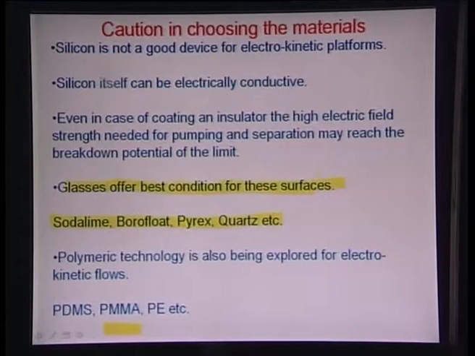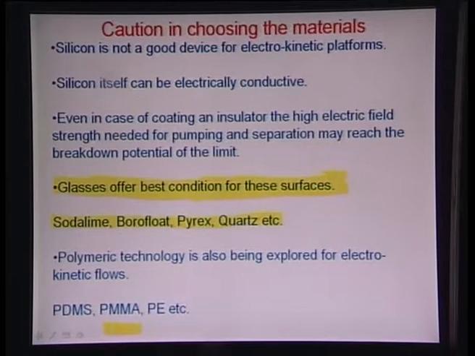On the other hand, glasses do offer a pretty good surface for exploring such kinds of flows. Different types of glasses: soda lime, borofloat, pyrex, quartz, etc. So, glasses do offer a better condition in comparison to silicon, and one of the reasons is that glass is a better insulator than silicon is. Silicon essentially is a semiconductor.